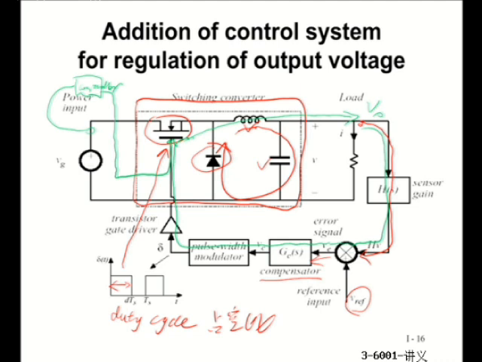But when I detect that change in input voltage, I change the duty cycle D so that the MOSFET is going to be on for longer time. Okay? Duty cycle increased. Then I can still make sure the average value of the output voltage is still maintained at 50 volts.